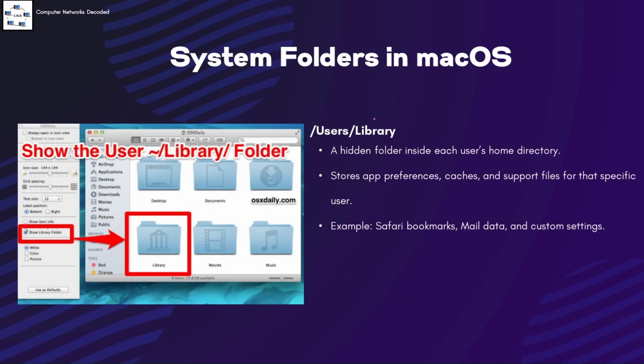And this folder houses critical components for macOS functionality. Next is the user Library folder. This is a hidden folder inside each user's home directory, and it stores application preferences, caches, and support files for that specific user, for example Safari bookmarks, mail data, and custom settings.